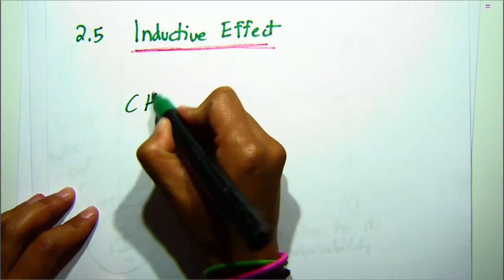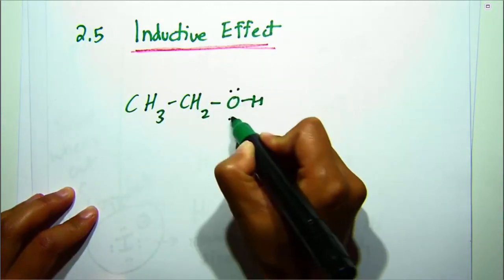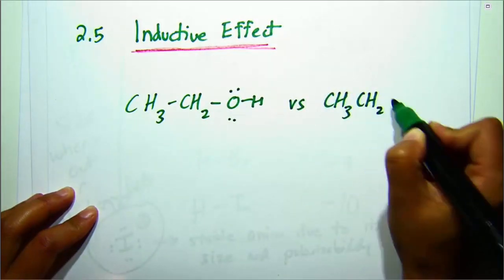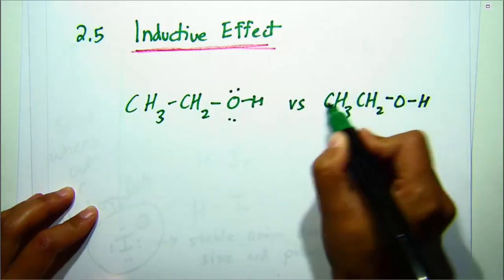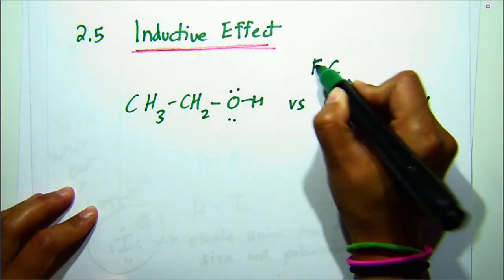And so a quick comparison would be ethanol versus trifluoroethanol. CH3, CH2, OH versus CH3, CH2OH, where instead of CH3 here, we're going to put CF3.